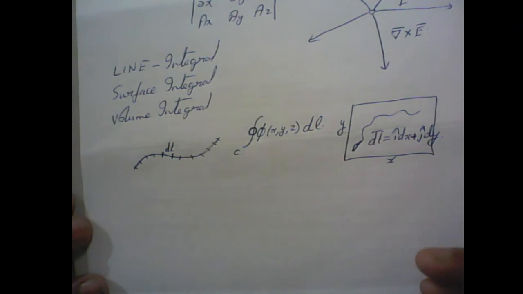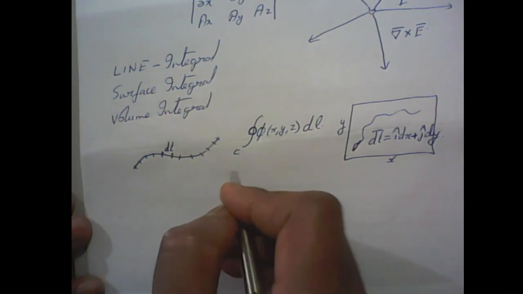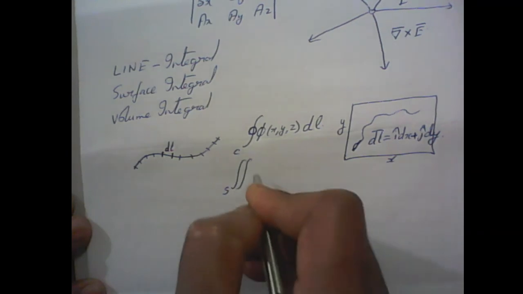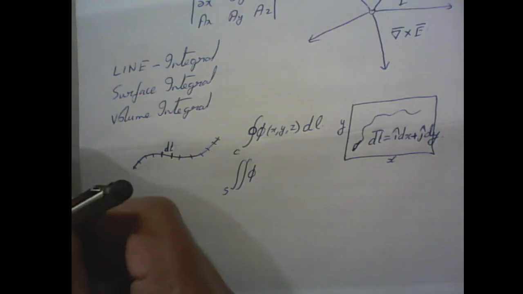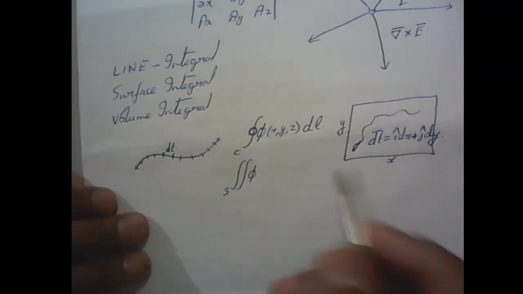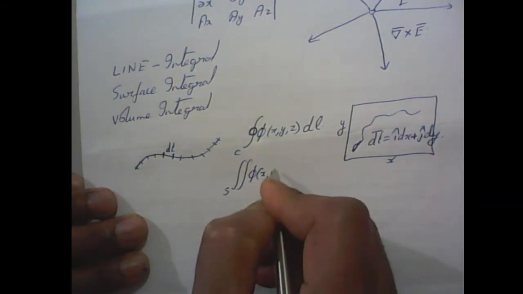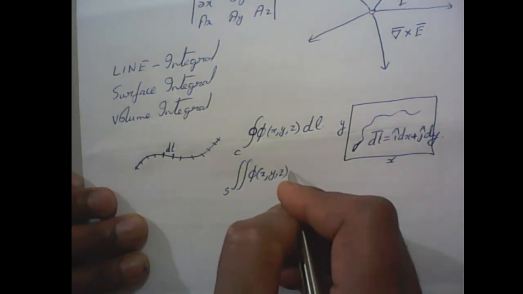So both x and y will change. When integration is done over a surface, that is known as a surface integral. We call it two-dimensional. You can denote it like this: let me say I have phi(x, y, z).